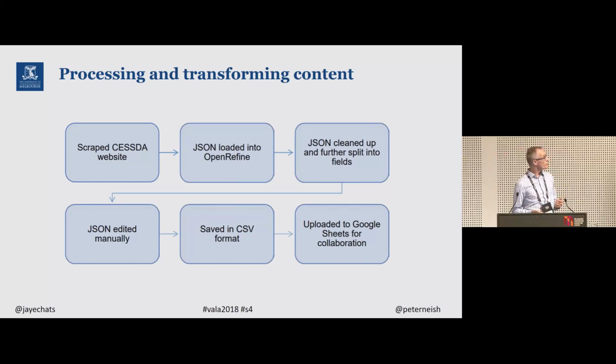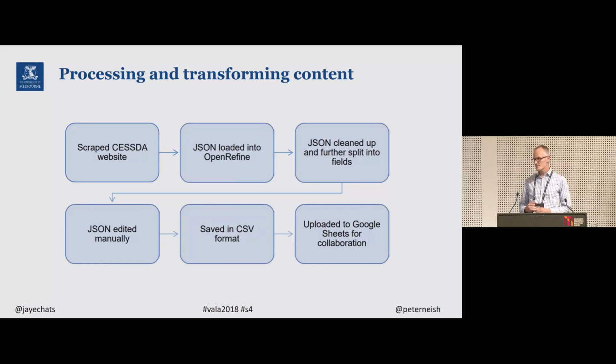So that involved firing up a web scraper. So we built some of that using some Python scripts to extract that into JSON. We used OpenRefine. If people are aware of that, it's a great tool. I heard it described yesterday as like Excel on steroids.